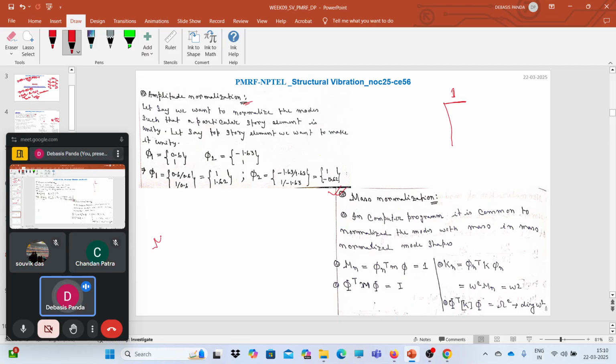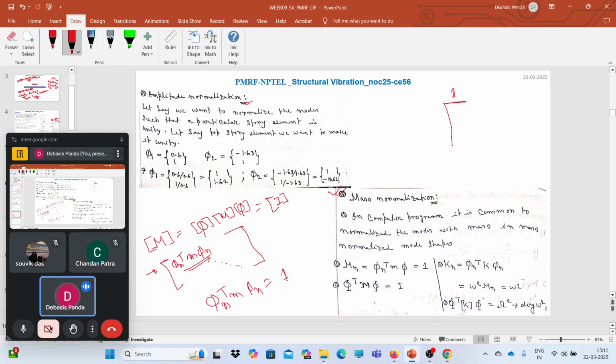So the mass normalized matrix or modal mass matrix is nothing but phi, that means spectral matrix, into m into phi. Each component of this matrix will be phi n transpose m phi n, right? That will contain the diagonal term of this matrix, and this will actually become an identity matrix I. That means phi n transpose m phi n will become one.